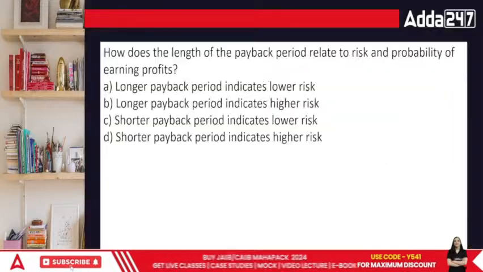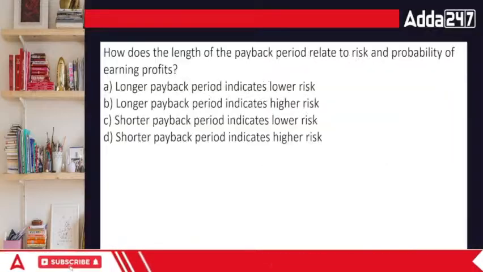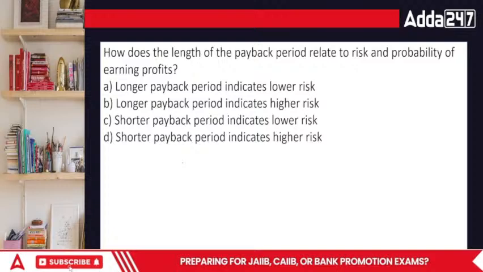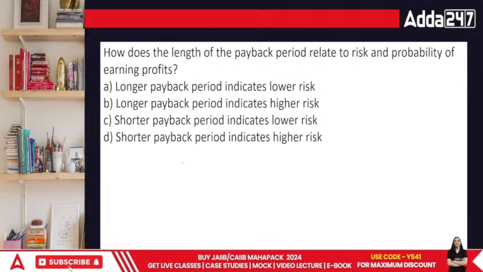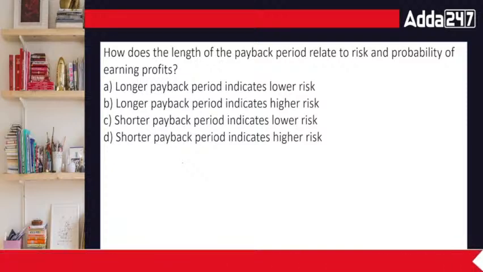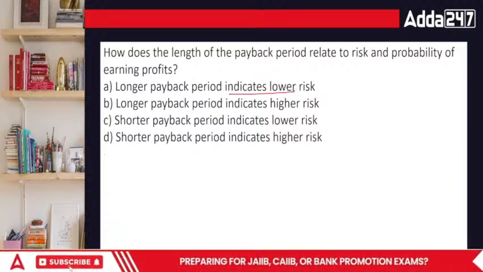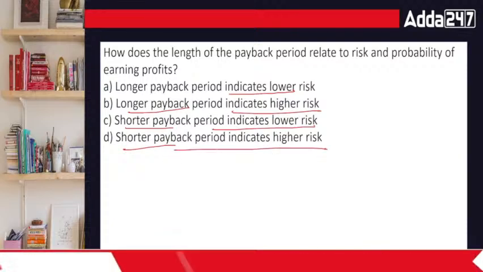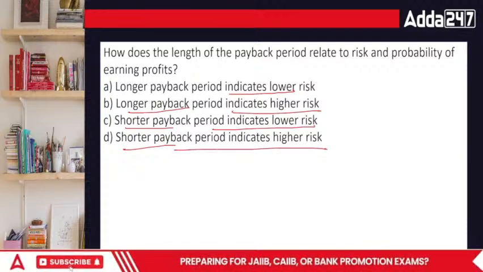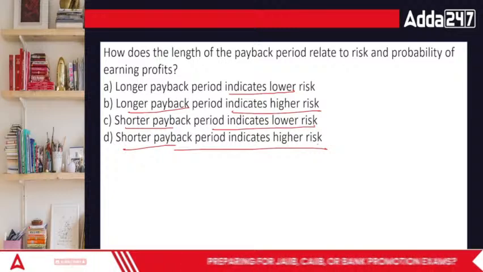Okay? How does the length of the payback period relate to the risk and probability? Longer the payback indicates lower risk, longer payback indicates higher, shorter payback indicates lower risk or shorter payback indicates higher. See, if I give you 10,000 rupees today and within 2-3 days you're giving me back, the risk is least.